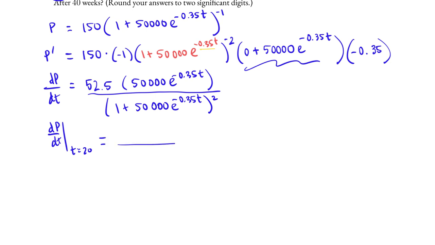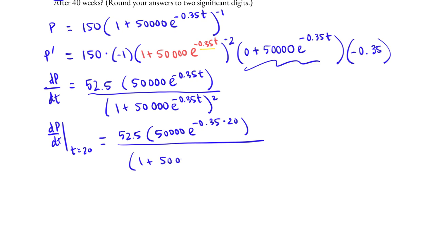Everywhere we see t, we would replace t with 20. So this is 52.5 times 50,000 e to the negative 0.35 times 20 in the numerator. In the denominator, 1 plus 50,000 e to the negative 0.35 times 20.